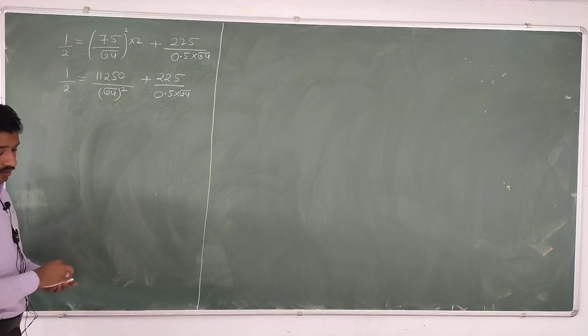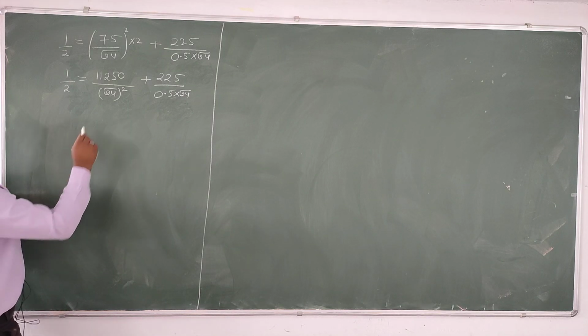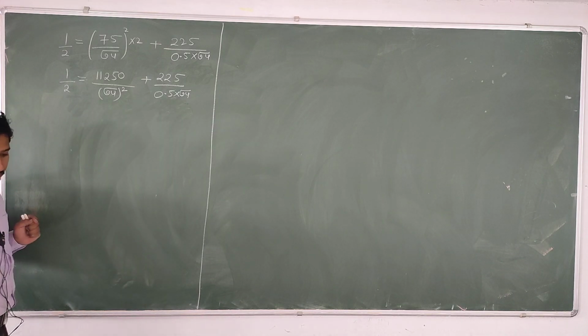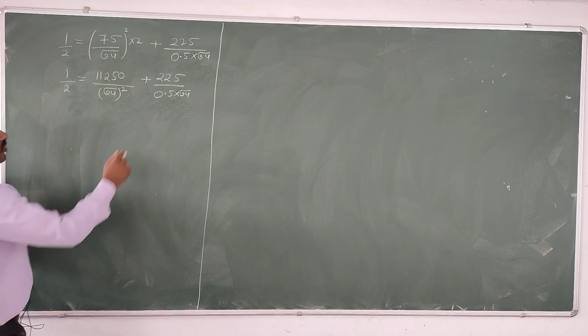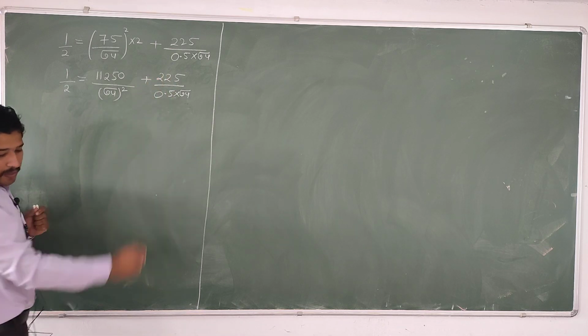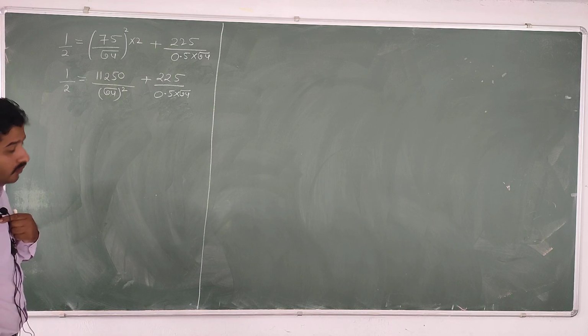Okay, because we need to take a common term here, first divide 225 by 0.5.